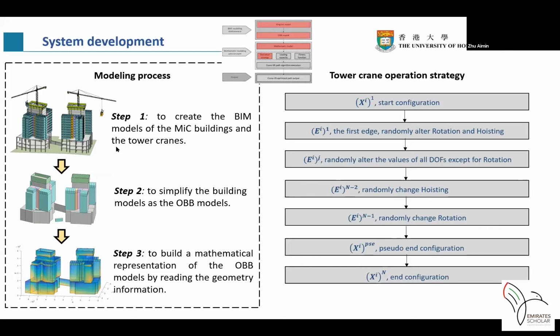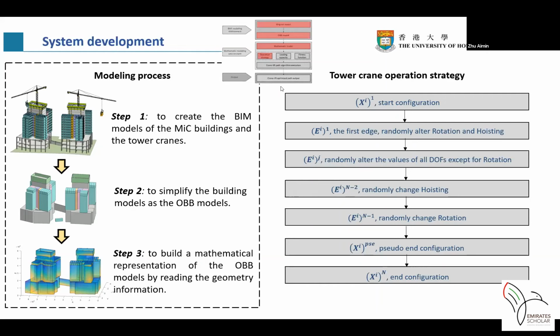Step one is to create the BIM models of the MIC buildings and the tower cranes. Step two is to simplify the BIM models as OBB models for collision detection. And step three is to build a mathematical representation of the OBB models by reading the geometry information.